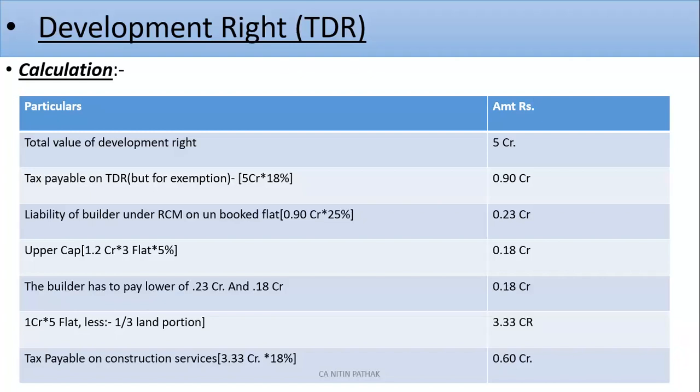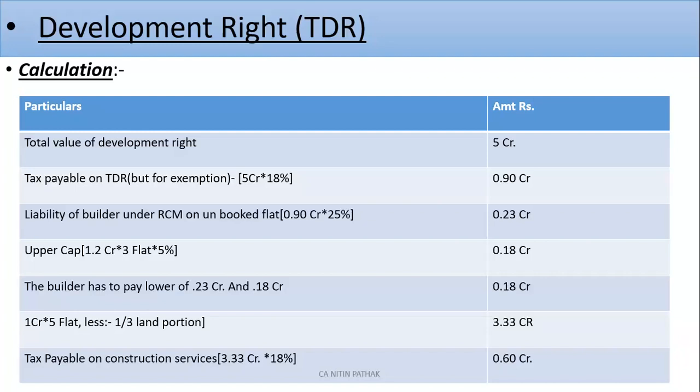Upper cap is 1.2 crore, because the last price is 1.2 crore multiplied by 3 flats unsold multiplied by 5, which comes to 0.18. So 0.18 and 23, whichever is less. So the builder has to pay 18 lakh as development right, which is going to be dissolved. So he has to pay the GST.